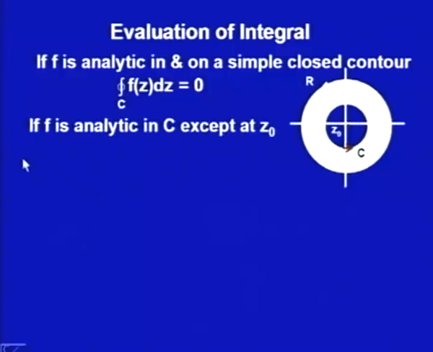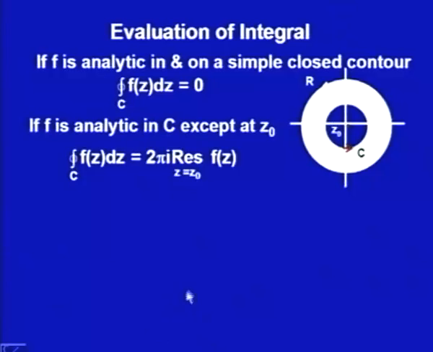Moreover, we found that if f is analytic in C except at z naught, then the residue method gives that the integral along this closed contour C of f(z) dz is 2 pi i times the residue of f(z) at z equal to z naught, where I had a single isolated singularity inside the contour C.